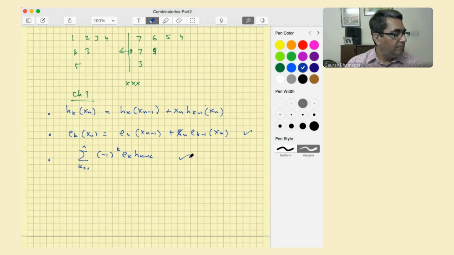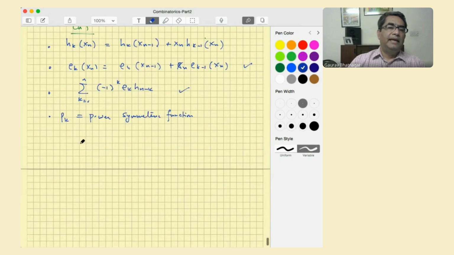But there's another thing that I realized was that we made a sort of mistake. In our previous thing, pk was a power symmetric function, and I wrote pt as summation pk t raised per k.